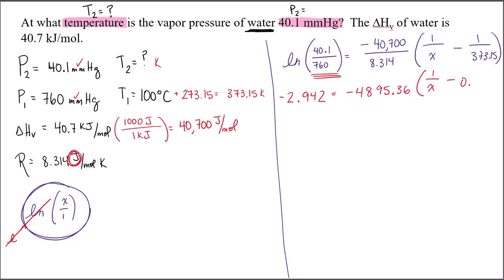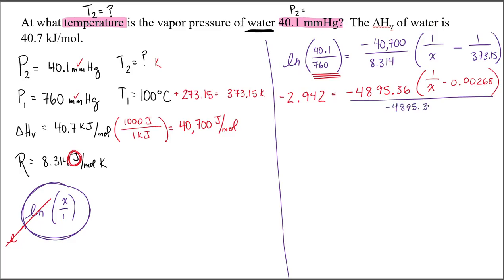That last part is, you guessed it, just a number. Don't lose your digits: 0.00268. All we're trying to do is isolate that x. The very first thing I'm going to do, resist the urge to distribute.